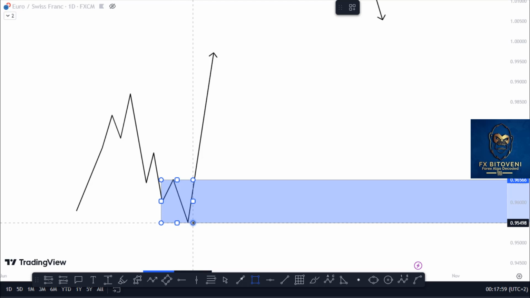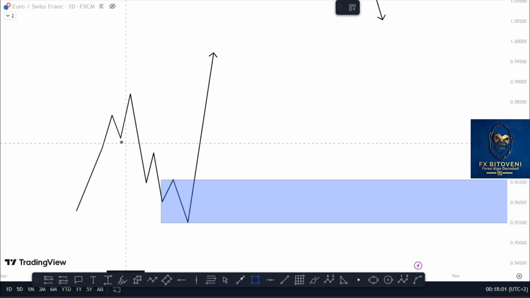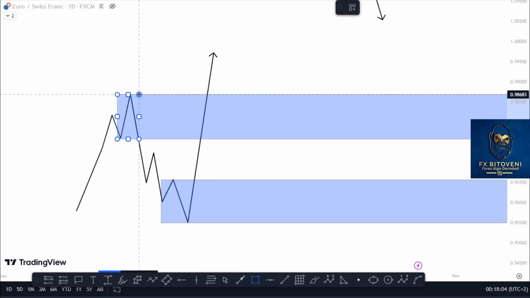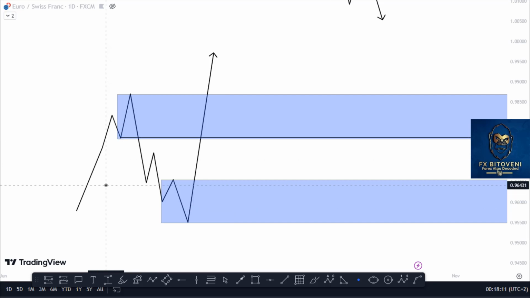The first one is this one, and the second one is going to be this one. So here you will pay attention to what the market is going to do on this hidden invalidation. Here we call this pattern hidden invalidation.